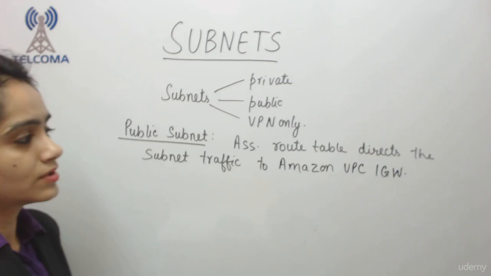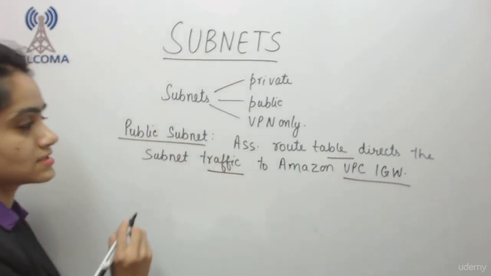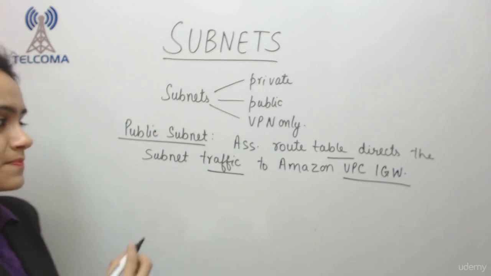If the route table directs the traffic to the internet gateway, we call it a public subnet.